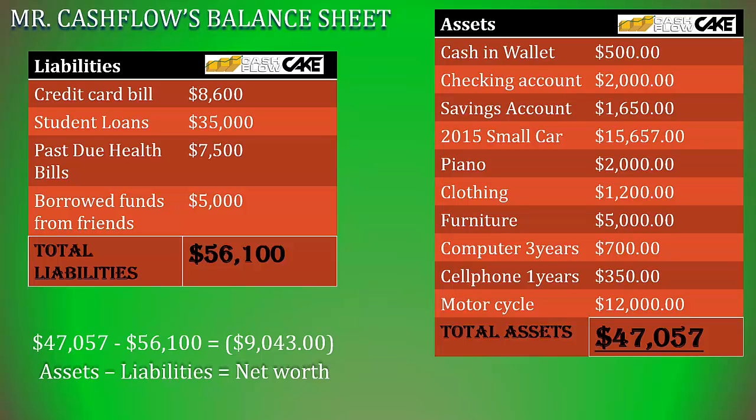Reflecting on our individual assets and liabilities here, we can just assume that the person we're talking about is Mr. Cashflow. And so in this case, Cashflow, or let's say Cashflow Jr., because based on the accounts that we have, he's going to be a student, probably just starting out, just looking into his finances, and he wants to get that on track. So Cashflow Jr., what we see here is that it's not unusual for somebody in his position at his life stage to have a negative net worth.